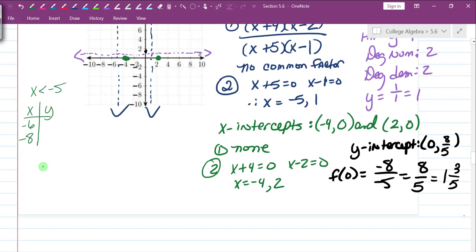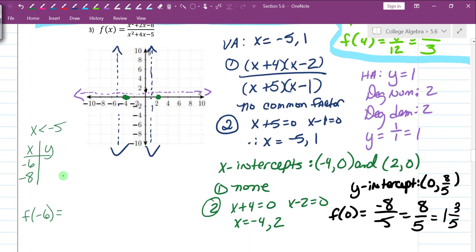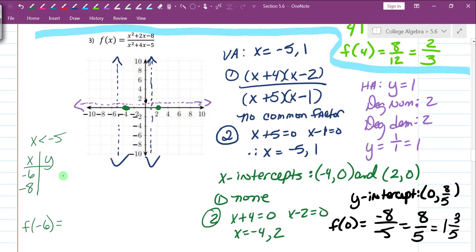So f of negative 6, the function evaluated at negative 6, is going to give me negative 6 squared, which is 36, plus 2 times negative 6, which is negative 12, minus 8, divided by negative 6 squared, which is 36, minus 24 minus 5.